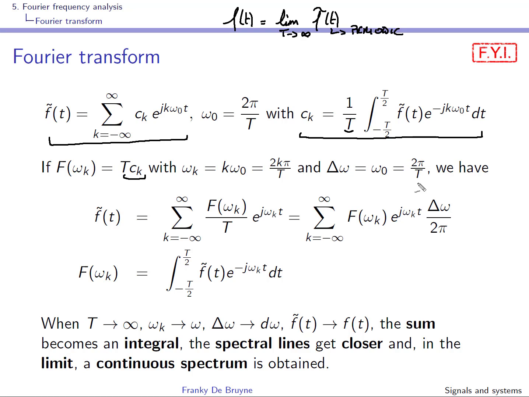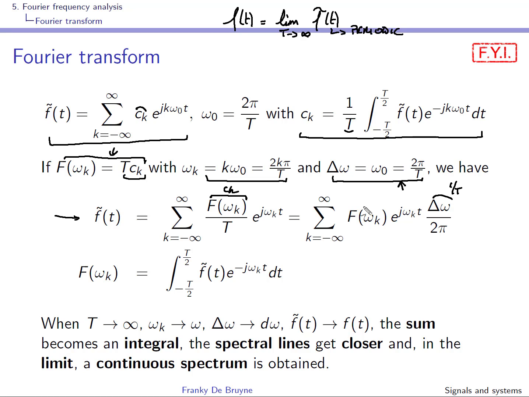It's 2 pi over T, and what we can do now is plug all these quantities in the two equations above, and we've got here f tilde, this is c k, this comes from this equation over here, and 1 over T comes from this equation over here.